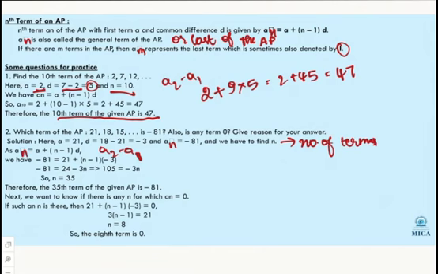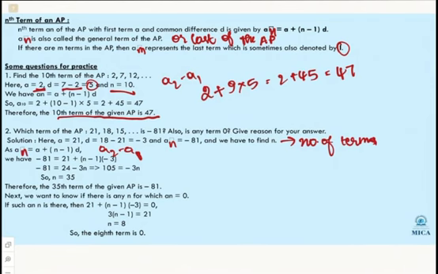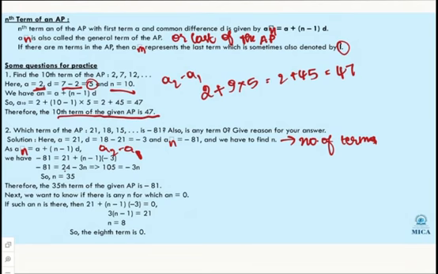As An is equal to A plus n minus 1 into D, minus 81 is equal to 21 plus n minus 1 into minus 3. So minus 81 is equal to 24 minus 3n. So if we shift 24 to this side, it becomes minus 81 minus 24, which is equal to minus 105.